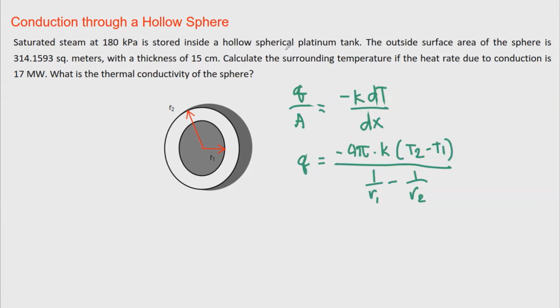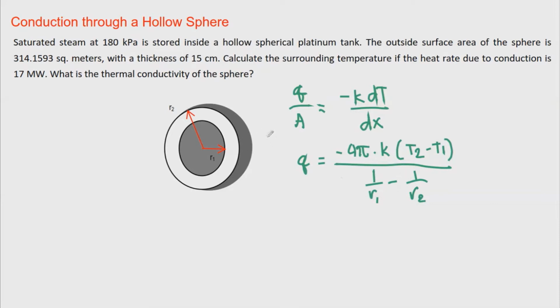If we are going to solve, for example, the heat rate, the surrounding temperature for the heat rate, what we need to do here is to find the value of our T2. So in that case we need Q, our K, of course, R1 and R2.